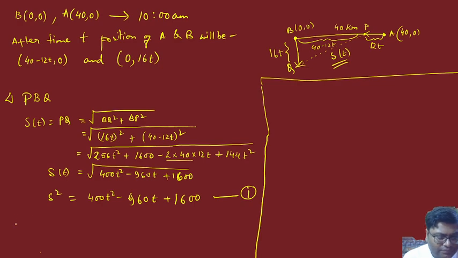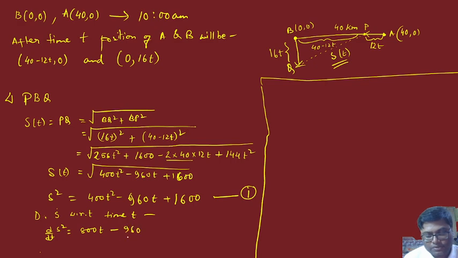Now if I differentiate S squared with respect to time t, what do we get? d/dt of S squared equals 800t minus 960.